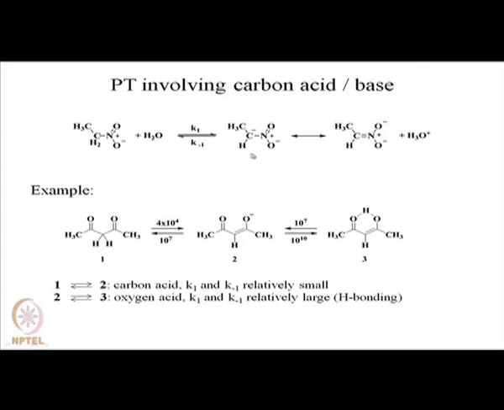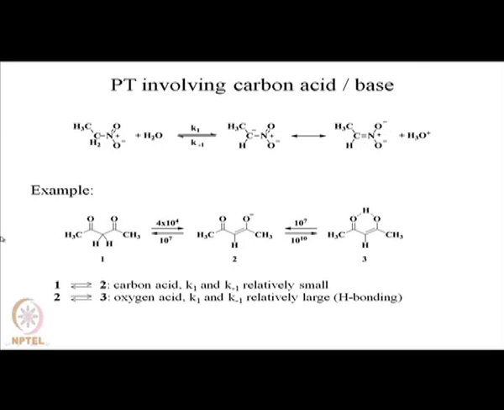So, effectively there is a C minus, and now it is converted to an O minus. Initially it was a carbon acid, now maybe it is converted to an oxygen acid. It looks as if this hydrogen has been taken from here.